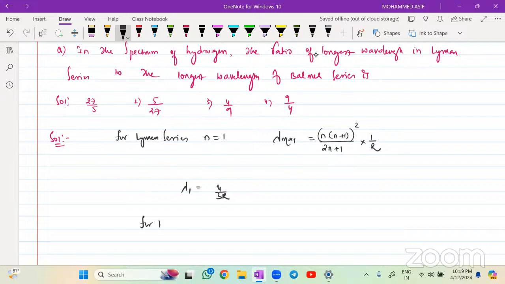The same way for the Balmer series, n is equal to 2.